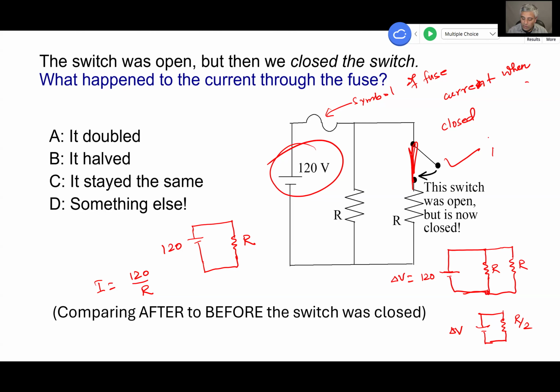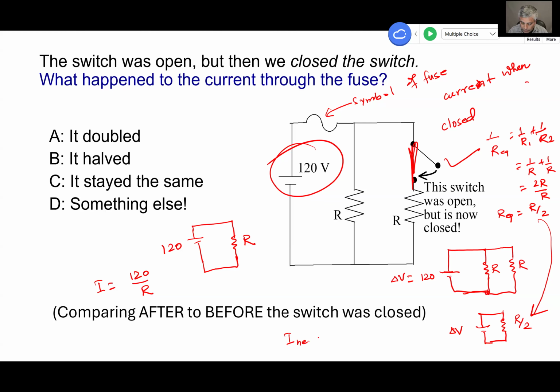So 1 over R equivalent is 1 over R1 plus 1 over R2. And I know we talked about this. When both of them are the same, this is going to be R. This is going to be R. So this is going to be 2R over R. So R equivalent is going to be R over 2. Okay. So that's that. So now what is current then?